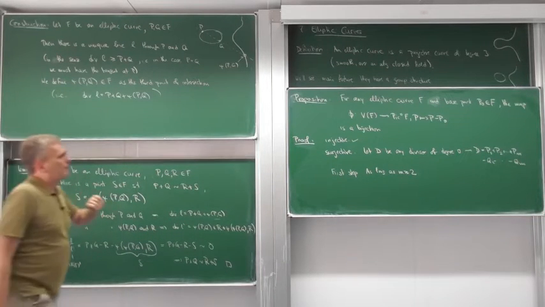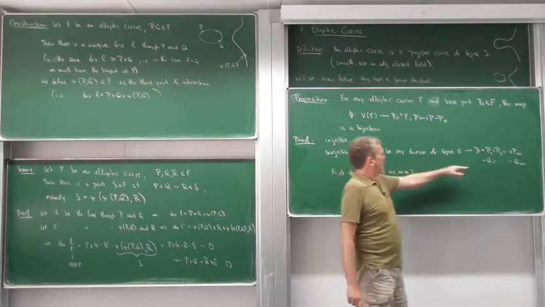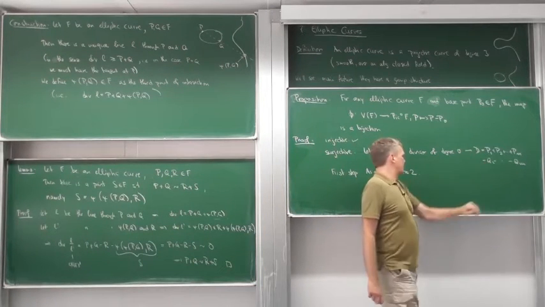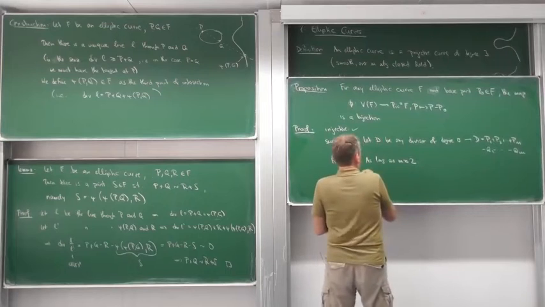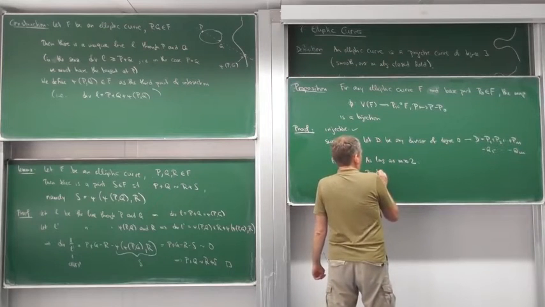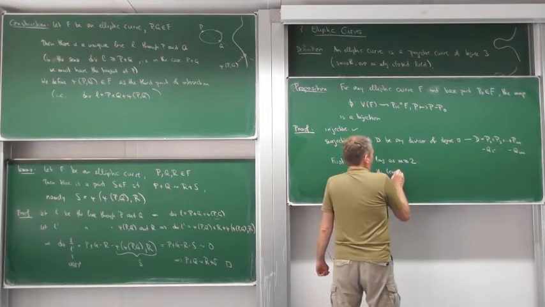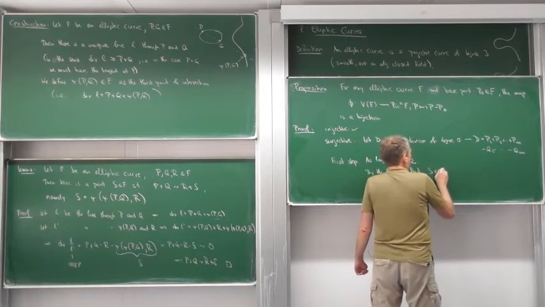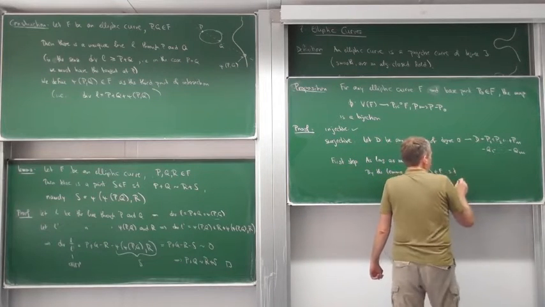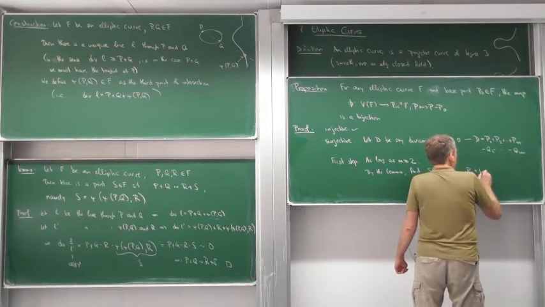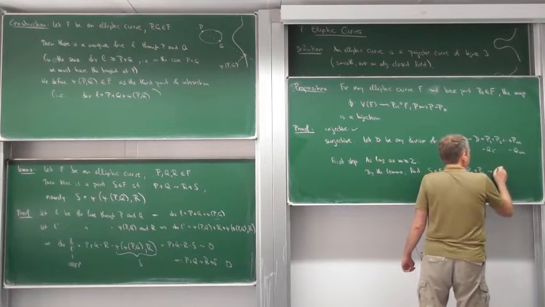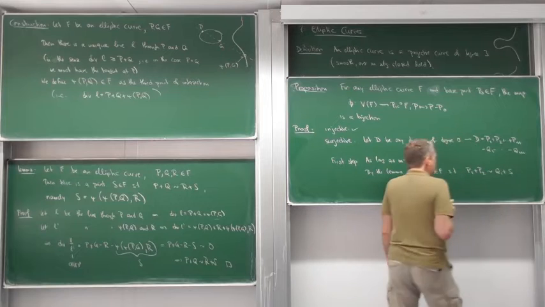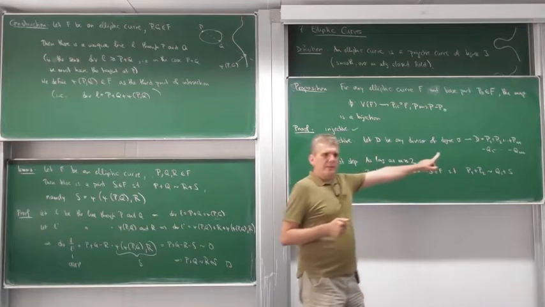And find a fourth point S such that P1 plus P2 is the same in the Picard group as Q1 plus S. So by the lemma, we find a point S in F such that P1 plus P2 is linearly equivalent to Q1 plus S, and plug this in there. Right?